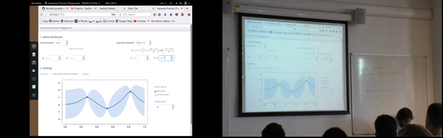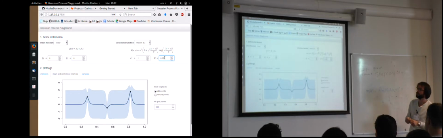So if we decrease the length scale over here, I'm going to decrease it even more. If I take a very small length scale, this is the kind of behavior we end up with in the model. Can you understand why the model behaves this way?